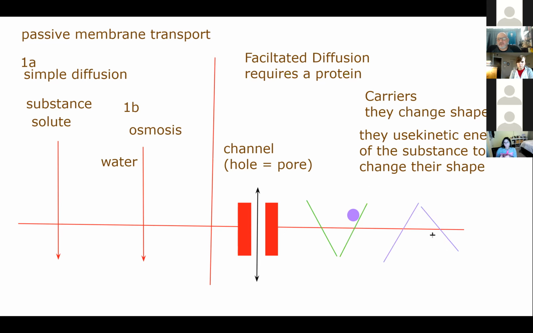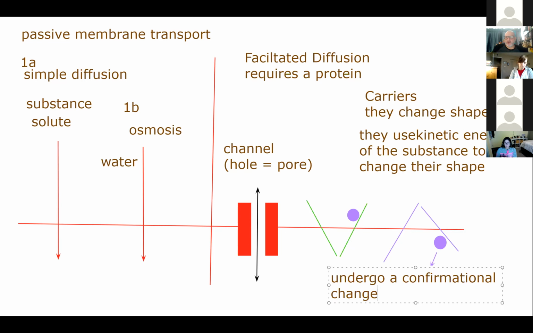And that allows the glucose to enter into the cell. Right? And remember, we gave a fancy word to these carriers. They undergo a conformational change, which again is just a fancy way of saying it changes shape.